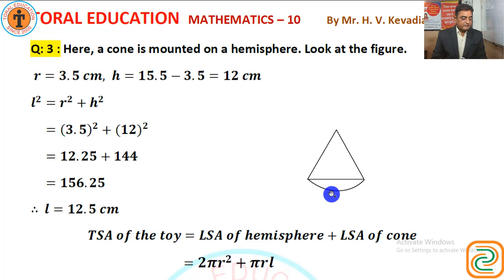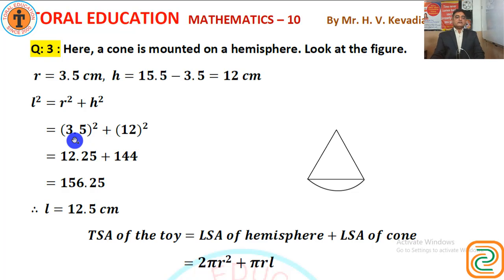Find the surface area. But the radius of the hemisphere and radius of the cone is given, so we will find out the height of the cone. So radius is 3.5 cm and height is 15.5 minus 3.5. This will give us the height of this cone. Now L square equals R square plus H square.